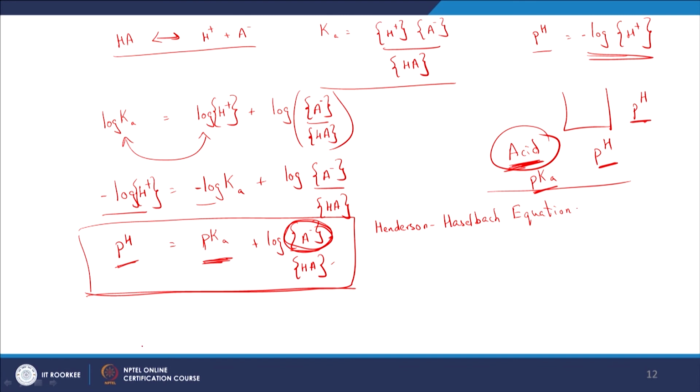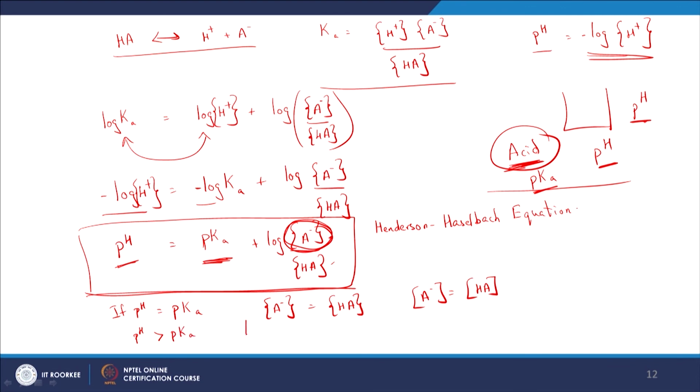So, what does this mean though? It means that if pH is equal to pKa, right, what does that mean? The activity of the conjugate or deprotonated form is going to be equal to the activity of your acid, and if I approximate it by concentrations, it is going to be A minus and HA, yes. And if pH is greater than pKa, what does that mean?